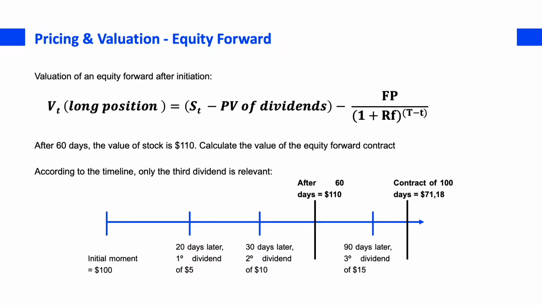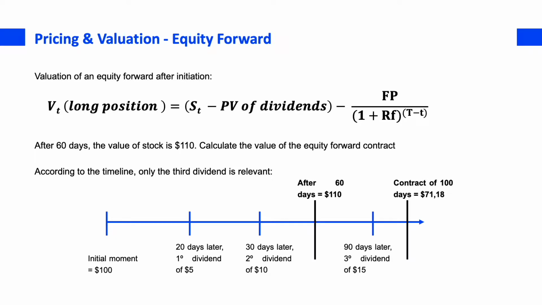Do a timeline. At time 0, we had a dividend due in 20, 30 and 90 days. We are now 60 days later. That means those dividends of 20 and 30 days are gone, so they are irrelevant for our calculation. We're at T60, which means the dividend of 90 days will happen after 30 days.